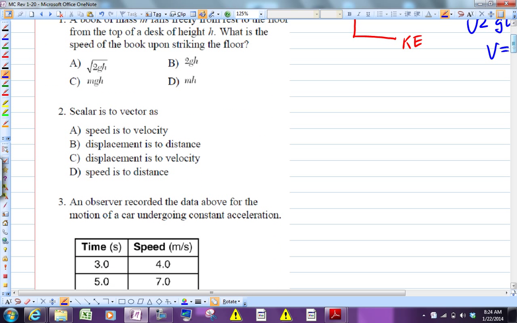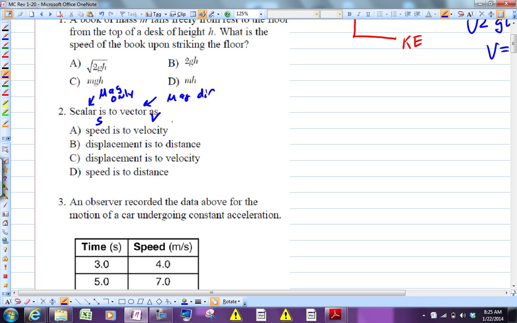Scalars and vectors. Scalars have magnitude only, and vectors have magnitude and direction. Speed only has magnitude, so it's a scalar. Velocity is similar to speed, but it also has a direction, so it's going to be a vector.